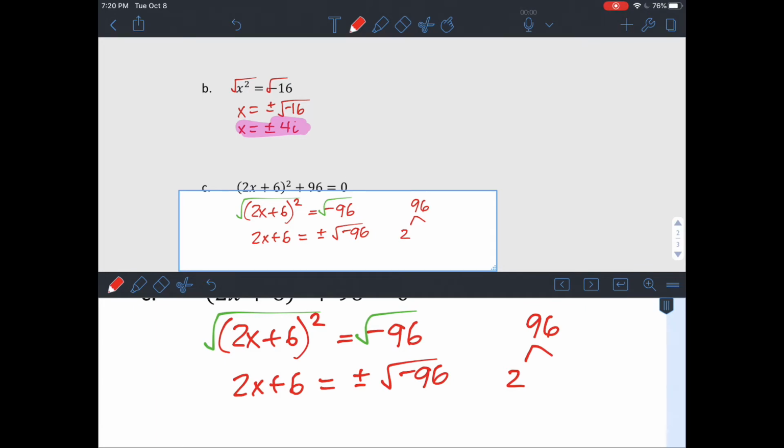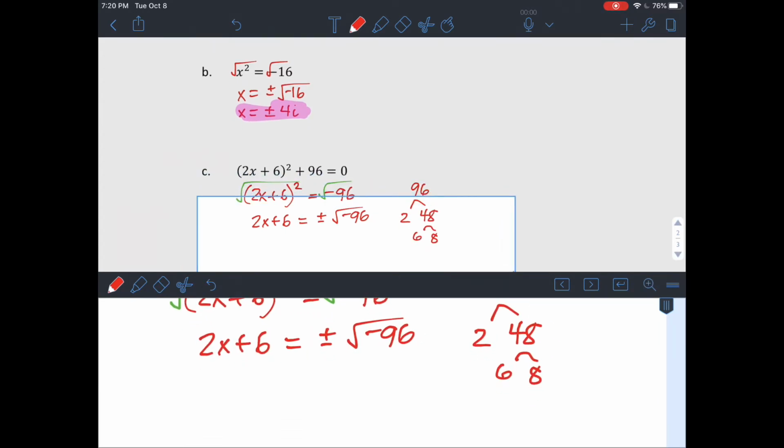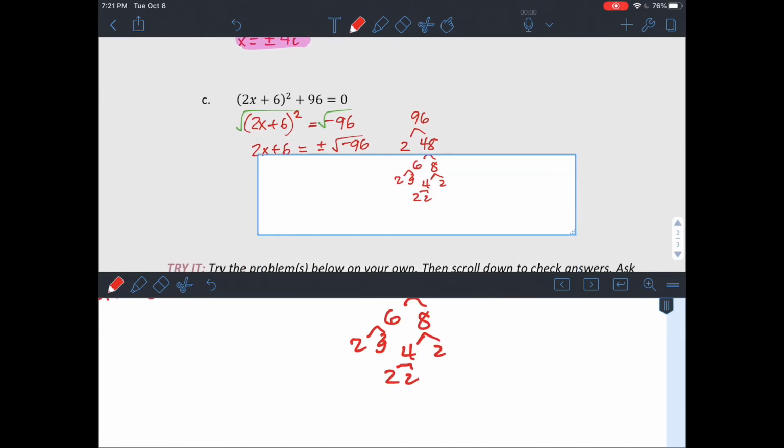Make a little factor tree of things that multiply to 96. And also, don't forget that we do have a negative 1 times our 96, so we will end up with an i when we take the square root of this as well. So we can bring out factors of 2.